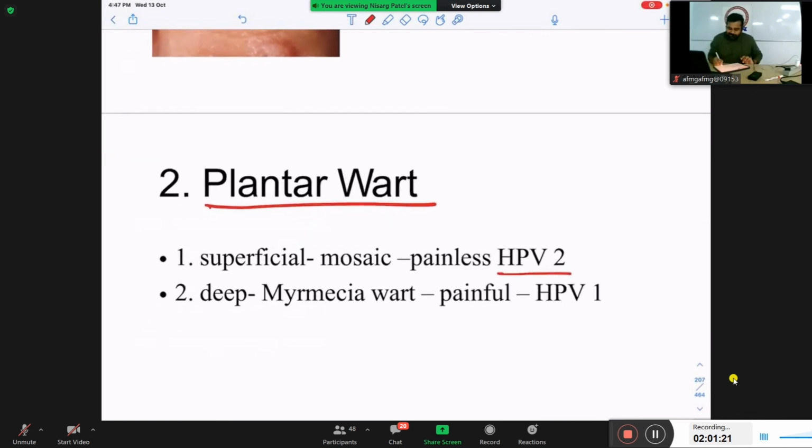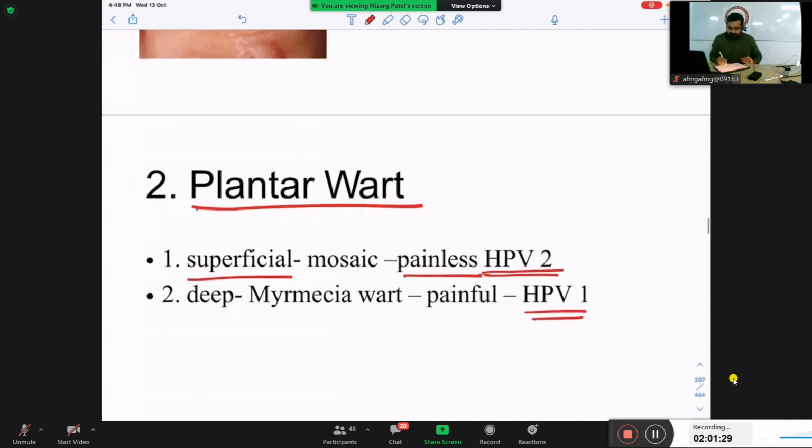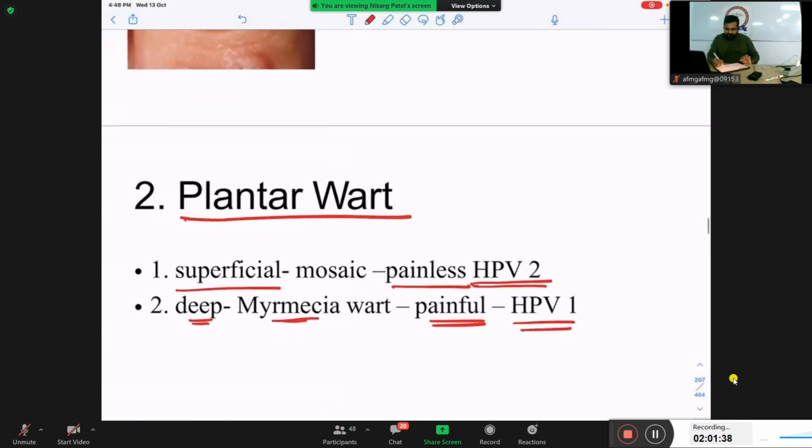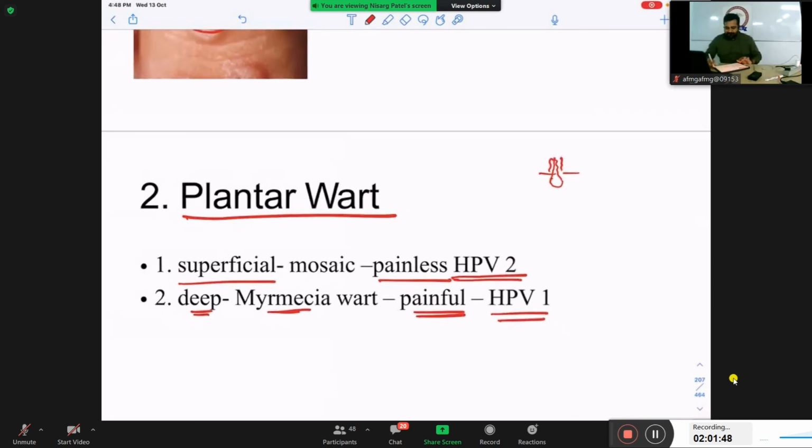If it is caused by HPV2, it will be superficial and painless. But if it is caused by HPV1, it will go deep root because it is a myrmecia wart, and it will become painful. Myrmecia means it has a very deep origin like this, and on the skin it will come up like this. Because of the deep origin, HPV1 causes painful warts.